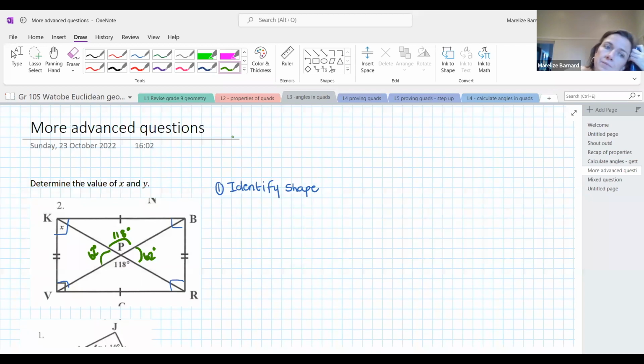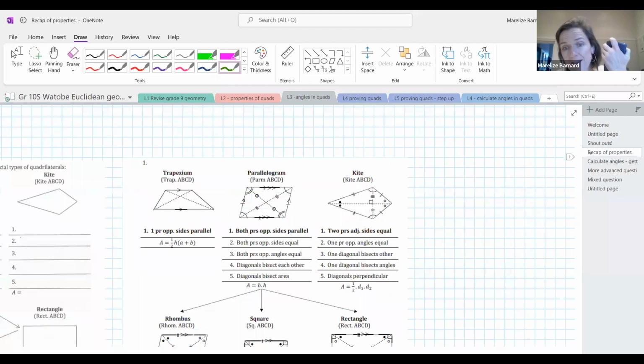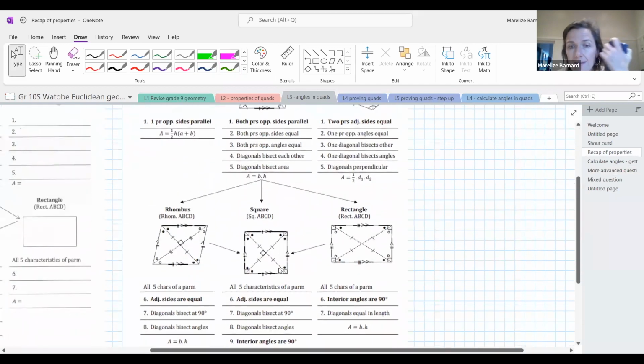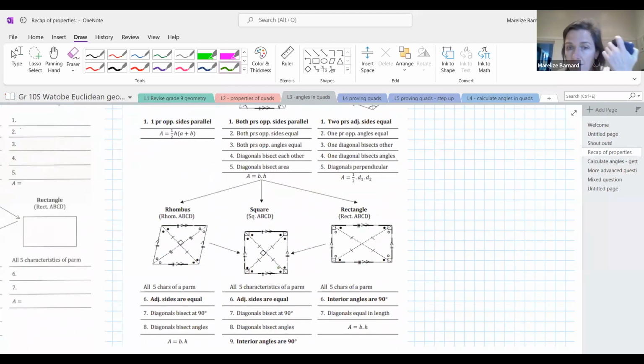Reason is isosceles. But how did you know that VPK is an isosceles triangle? Yes, but my question is, how did you know that that was an isosceles triangle? And I hope that you got it from the fact that the diagonals of a rectangle are equal in length and they bisect.